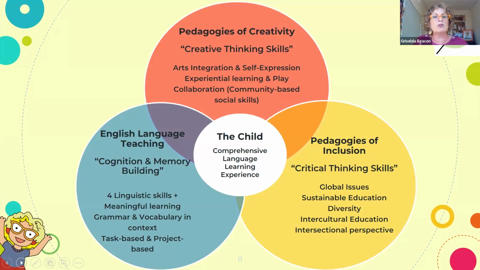But when it comes to pedagogies of creativity, how do I include art and self-expression, so important in teaching English as a foreign language, when they can express themselves in that foreign language? Well, through experiential learning, and experiential learning connects directly with play. There's nothing more experiential than play, and collaboration, which works towards community-based social skills.